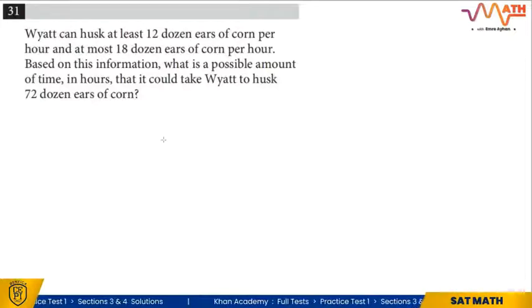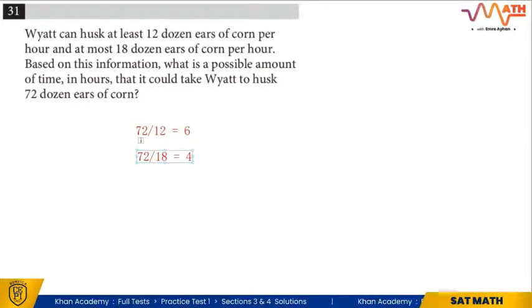If you divide 72 by 12 first, it will be 6, right? So 6 hours at most, and when you divide by 18, it's going to be 4.